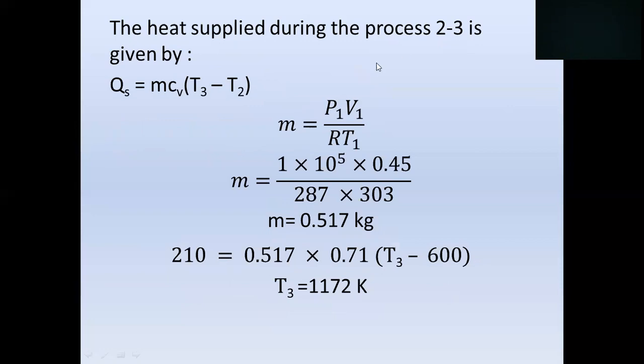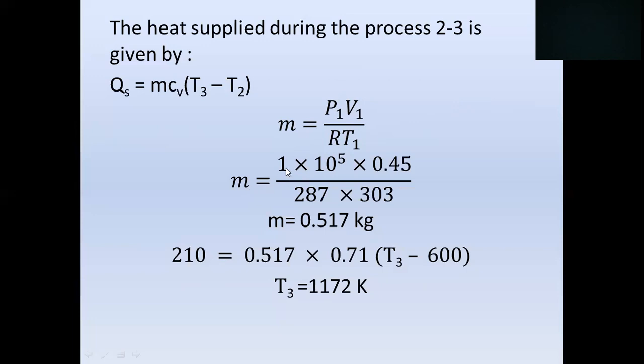So process 2 to 3 is constant volume heat addition. You know the formula Q is equal to M Cv into T3 minus T2. So to find the value of M, mass, there is a relation P1V1 is equal to MRT1. From that relation, we get M is equal to P1V1 by RT1.